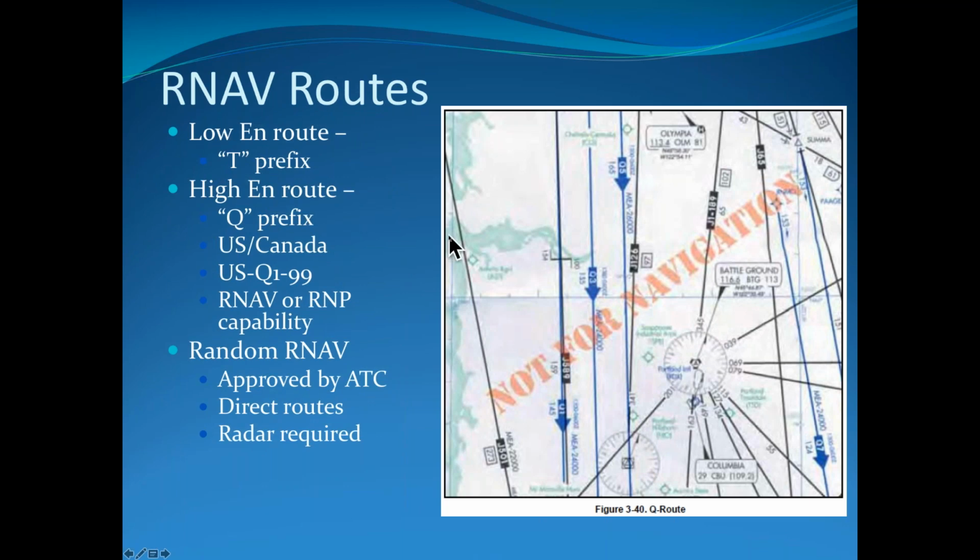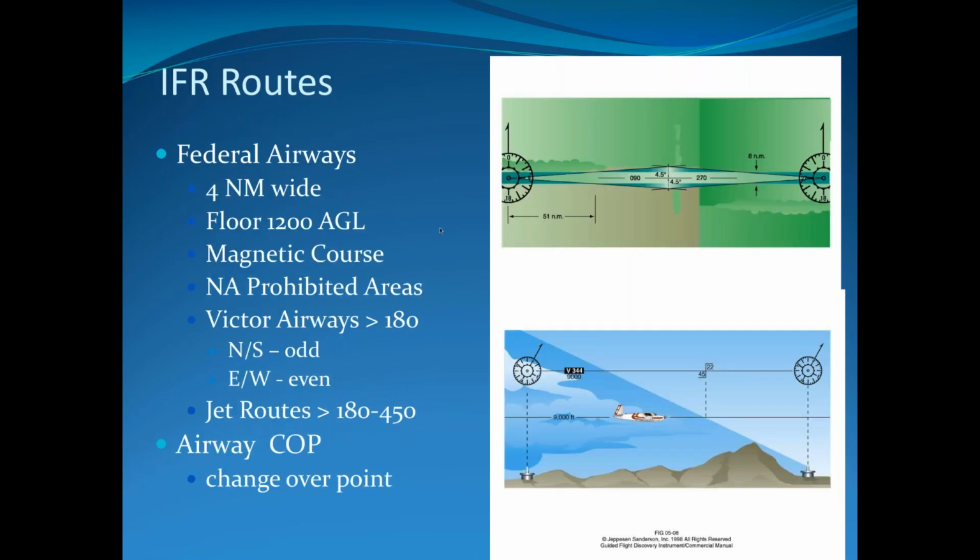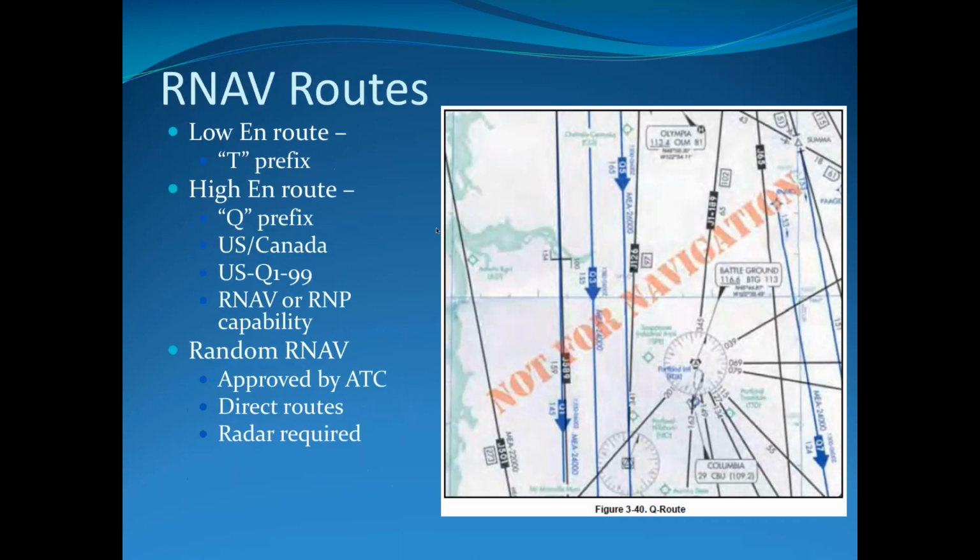So both the US and Canada use these RNAV routes. For the US routes, the Q routes will be numbered 1 through 99.